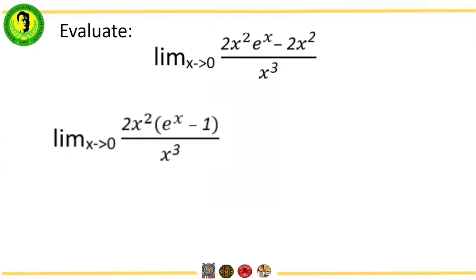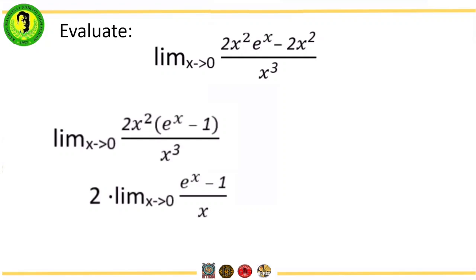Then the other term, negative 2x squared divided by 2x squared is negative 1, all over x cubed. Since we factored out 2x squared and we have a denominator x cubed, we can cancel out x squared.